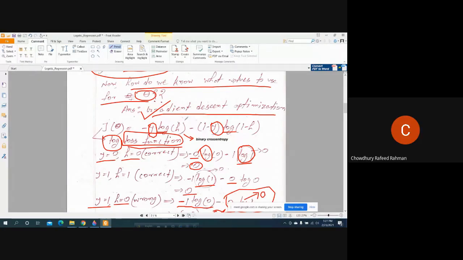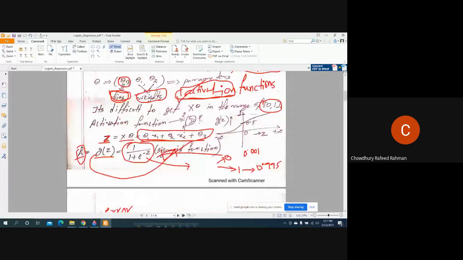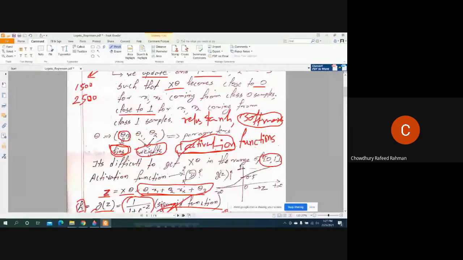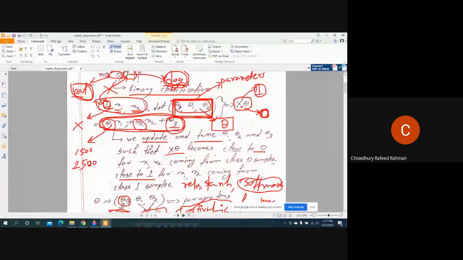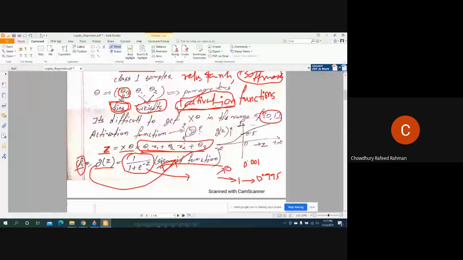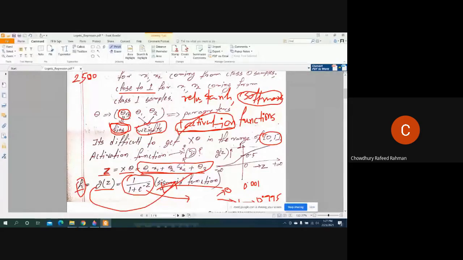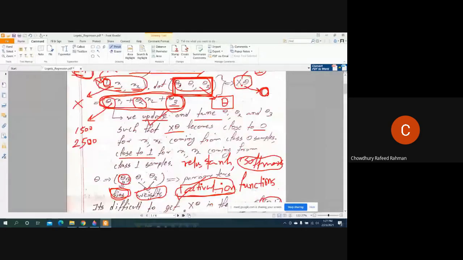Now, if I go to h, h is a variable. Why? Because h is actually predicted by our model. And in our model, h is depending on the sigmoid function and theta 1, theta 2, theta 3. We have already told that we are going to update theta.